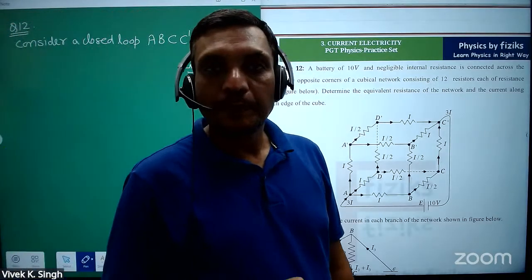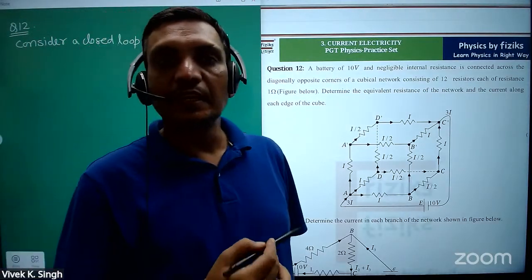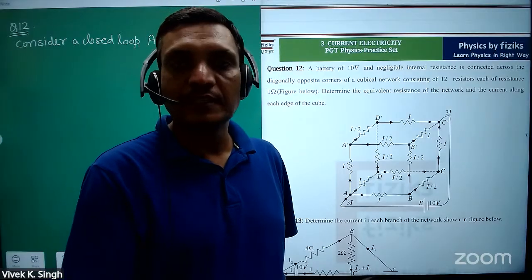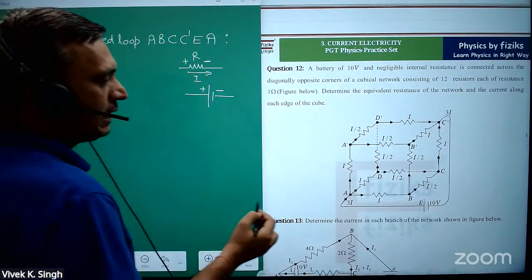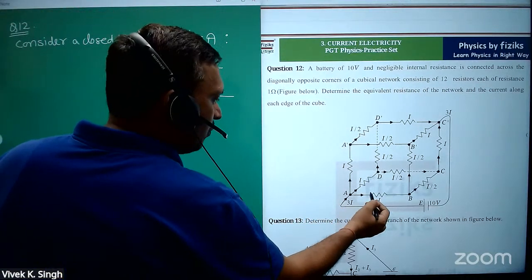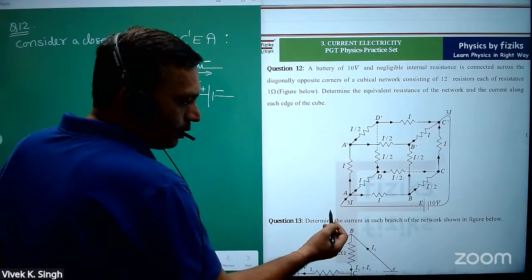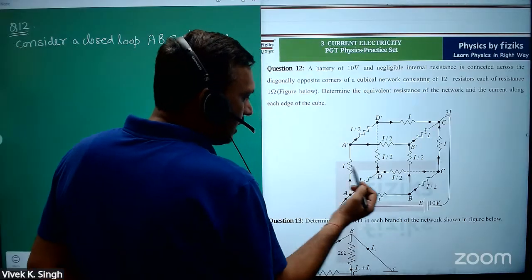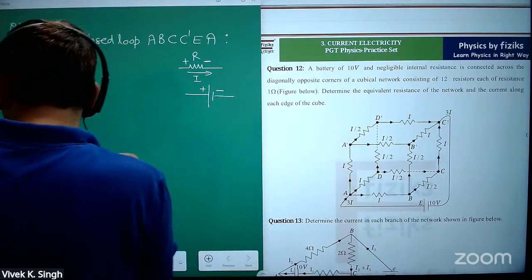So when you apply KVL in that loop, you have to consider the sign convention also. The algebraic sum of the voltages in a closed loop must be 0, considering the same sign convention. So whenever you move from high potential to low potential, because this is the direction of current, this is at higher potential, this is at lower potential, and assume its resistance is R.